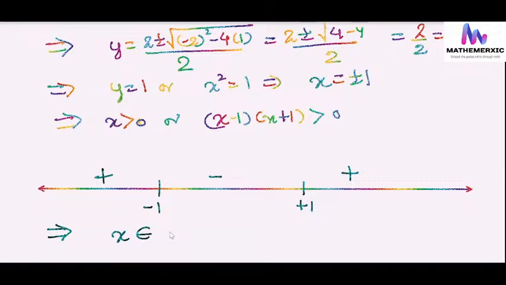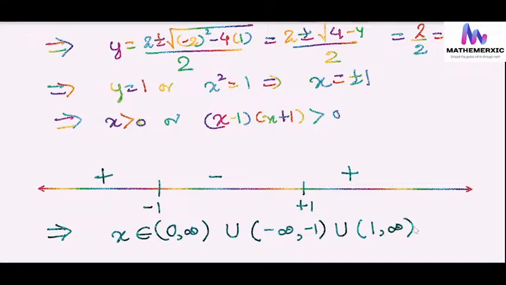Okay, right? So this greater than 0 means 0 to infinity, open brackets, union. So we have minus infinity to minus 1, union one to infinity.